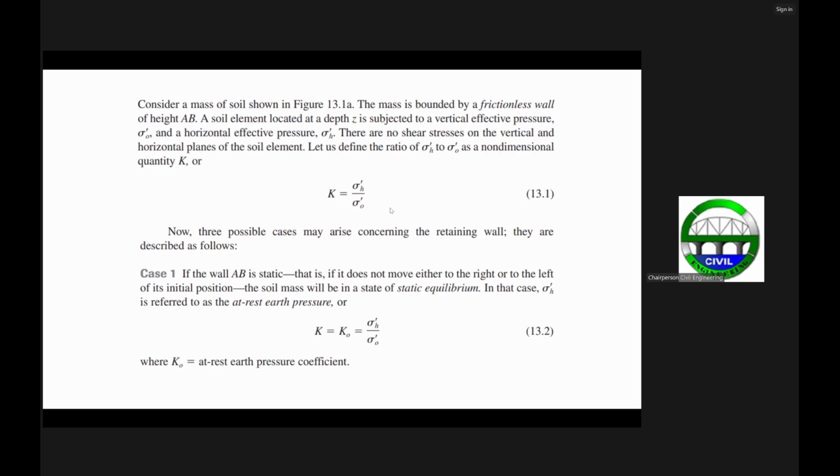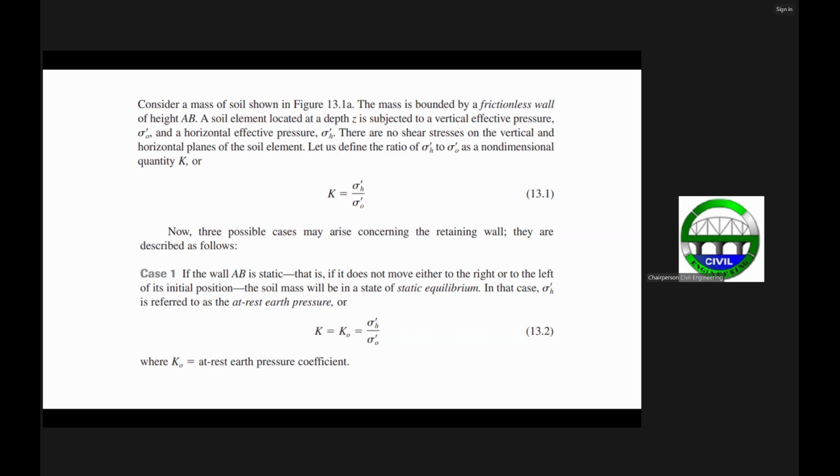The ratio between the horizontal effective pressure, sigma H prime, to the vertical effective pressure, or the vertical effective overburden stress, can be given by a non-dimensional quantity K. With respect to this non-dimensional quantity K, there are three cases that we can consider with respect to the retaining wall.